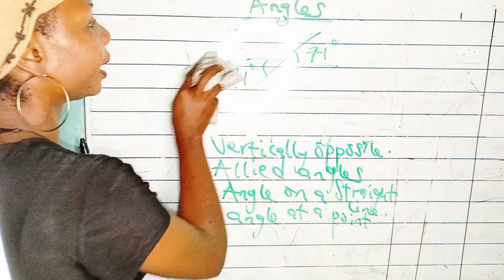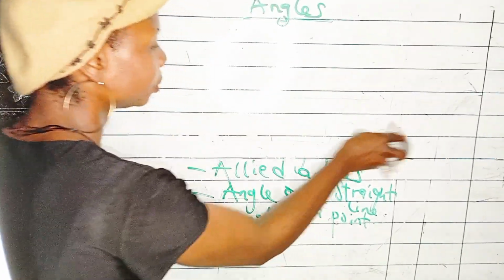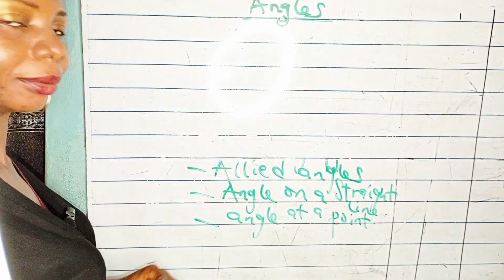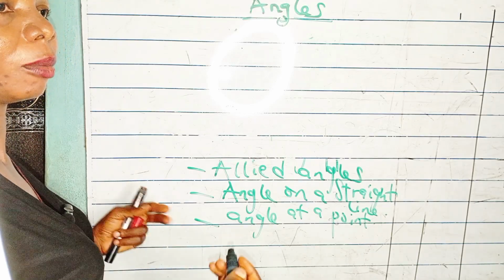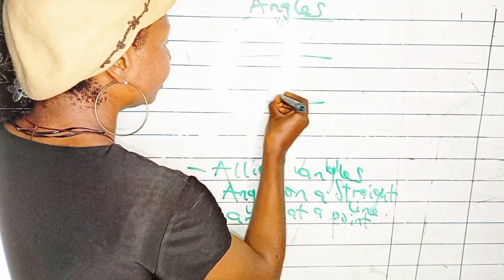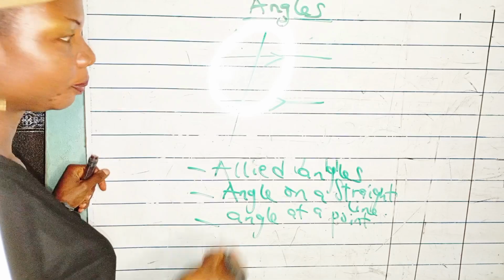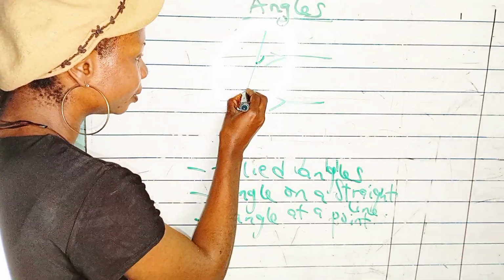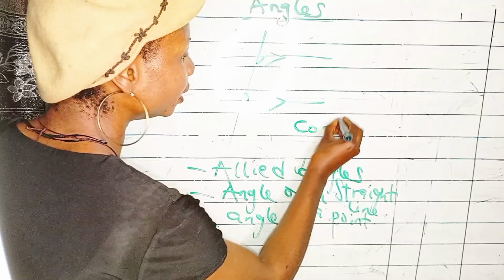We also have another angle which we call the allied angle, or co-interior angle. They can be in the form of C or U, especially when you have two parallel lines with a transversal across them. The two interior angles inside them are what we call co-interior.